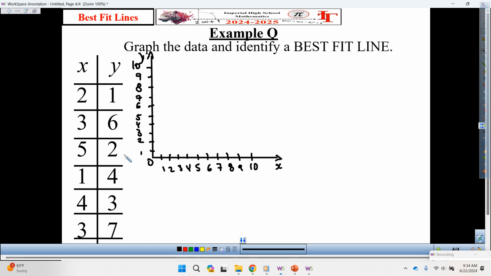All right, let's plot our points. Here we go. 2, 1. 2 on X, 1 on Y is about right there. 3, 6.